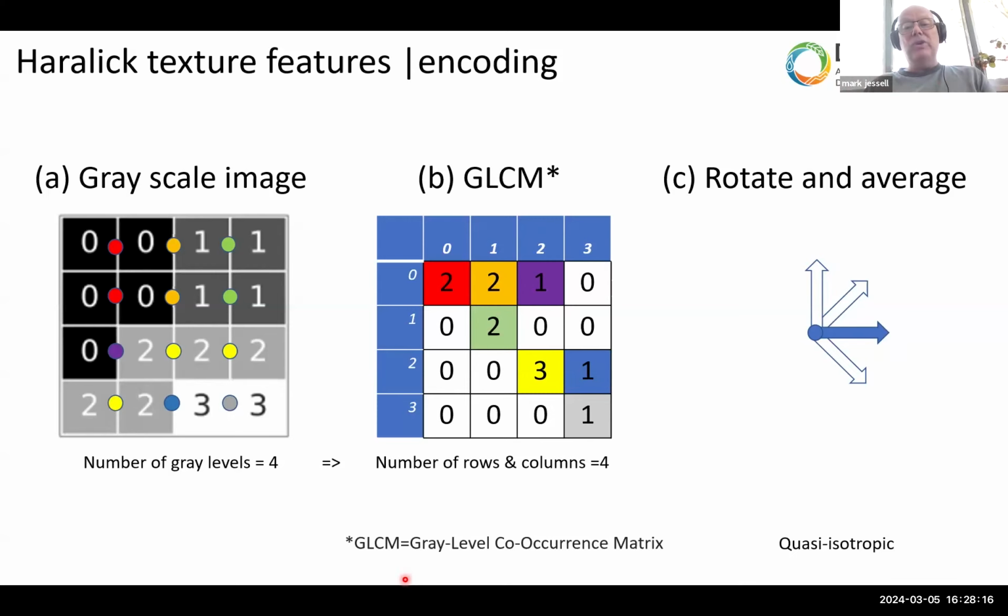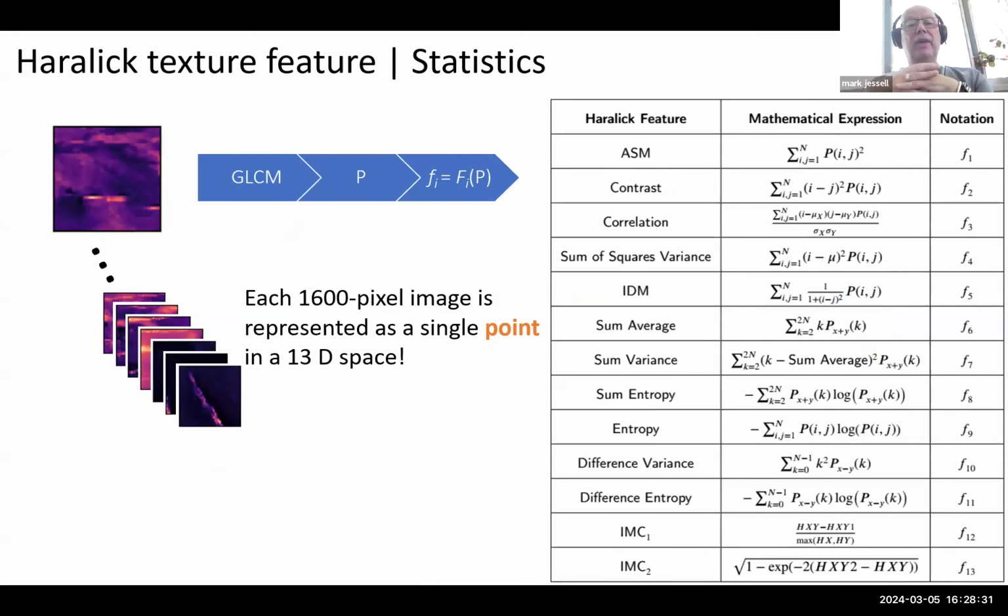So what we then do is we've gone from an image the size of whatever area we're looking at, and we've turned that into this co-occurrence matrix, and then we're going to perform some statistics on that matrix. So we're going from a 40 pixel by 40 pixel image to the statistics on the co-occurrence matrix.